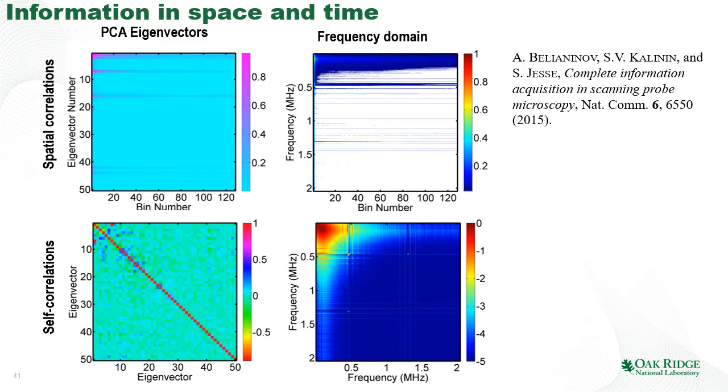But anyway, we can explore the information distribution of these eigenvectors. It turns out that not all of them contain interesting information about the spatial features. Some of them are dominated by some form of noise. So, for example, it will filter out the 60-cycle noise.